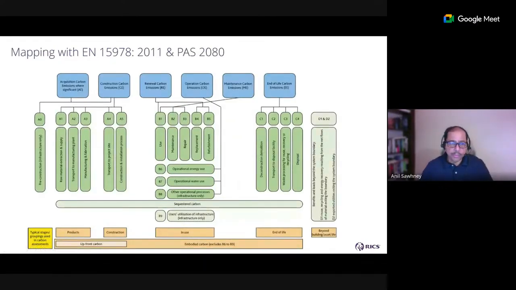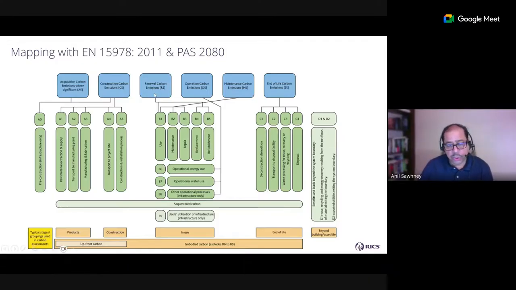So if you look at the ICMS third edition, this is the more detailed mapping that has been provided. Okay, so the acquisition carbon emissions, where significant, obviously infrastructure projects, connect to A0, which is the pre-construction emissions. A1, A2, A3, A4, A5 all get combined and mapped into the construction carbon emissions category alongside the construction cost.